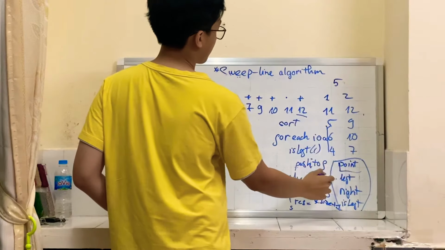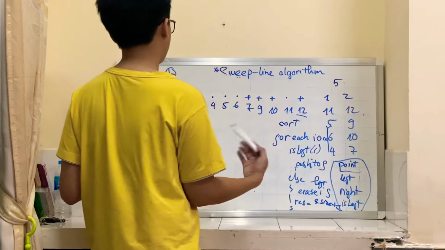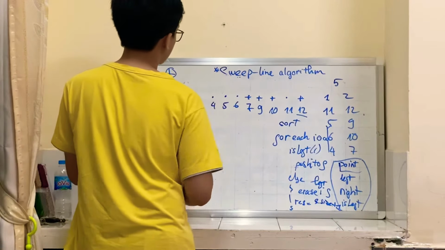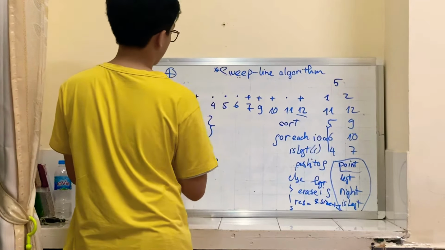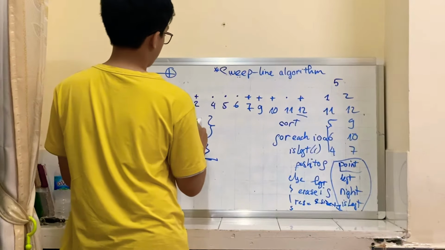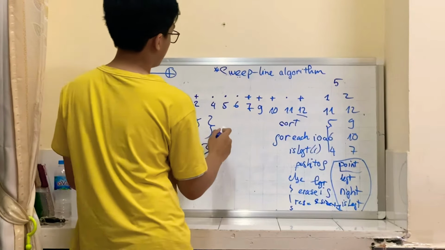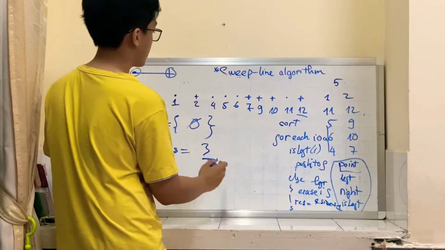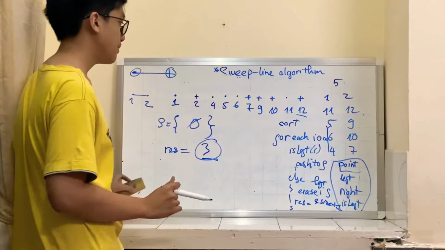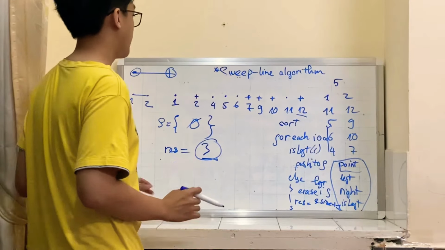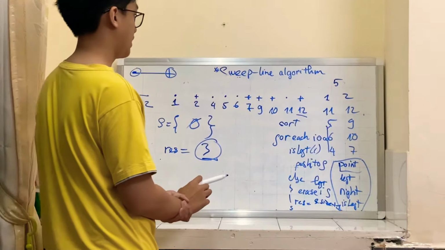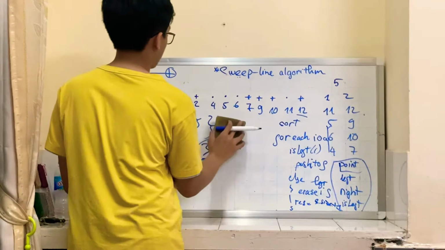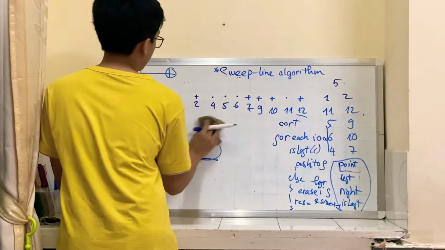The left of 12 is 11, so we erase 11, and the set size remains 0. The result is maximized between 1 and 3, so the answer will be 3. That's the algorithm. The result will be 3.